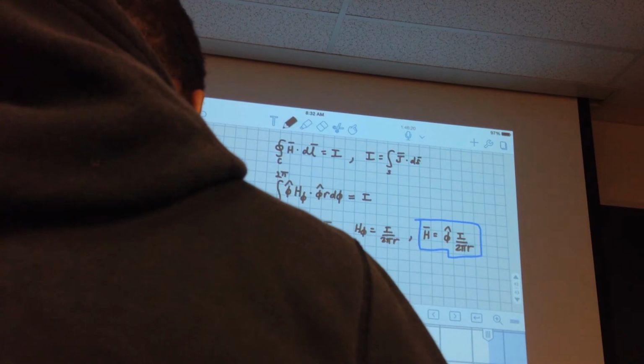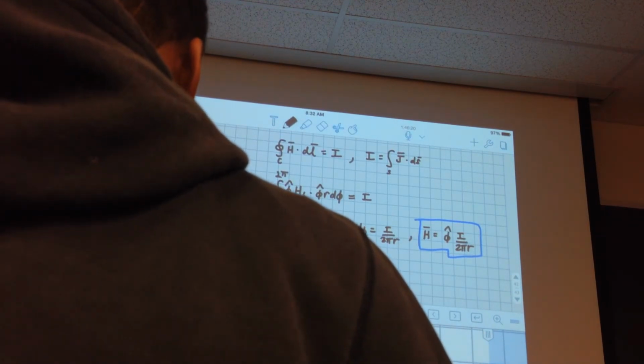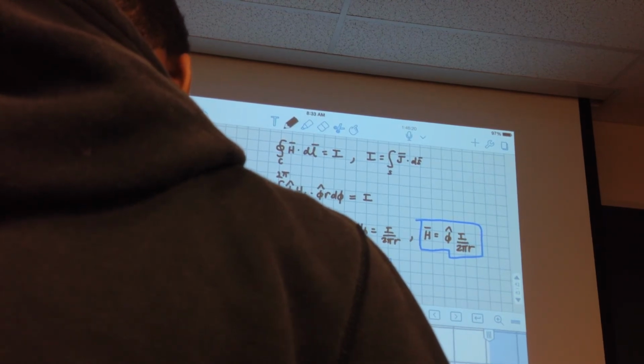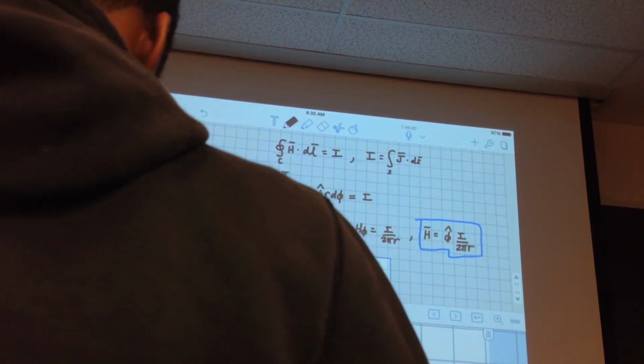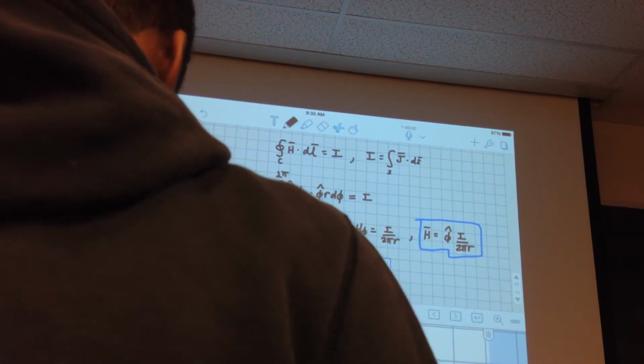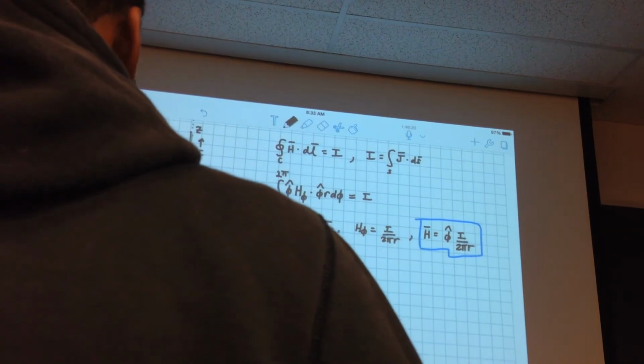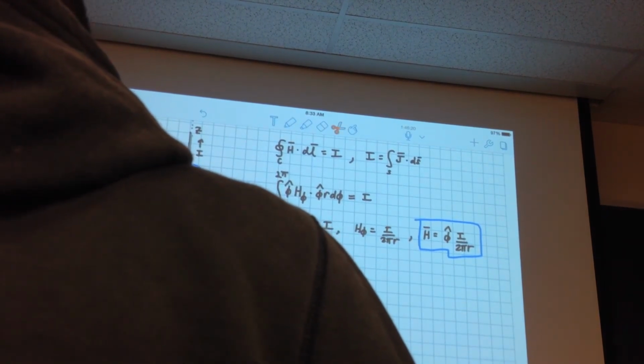Now, I'm going to give the wire some diameter. Twice the radius, or 2 times A.